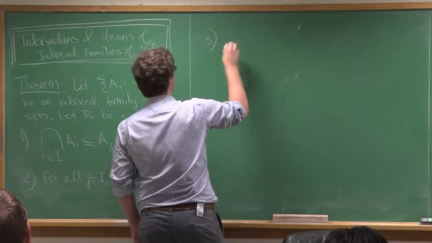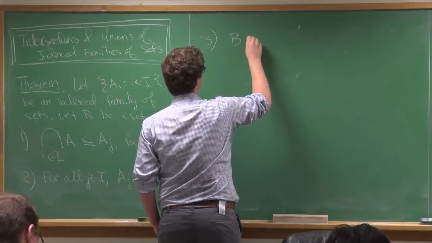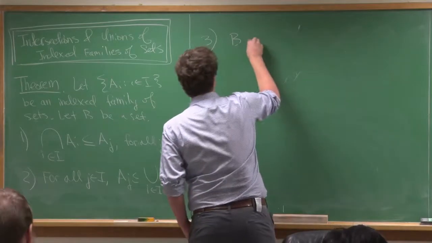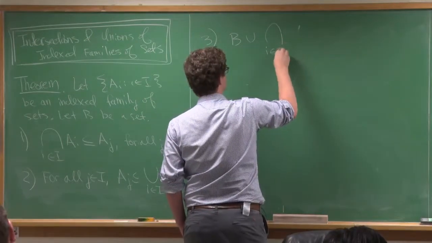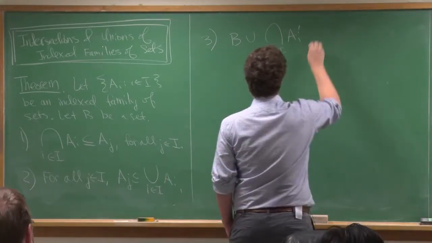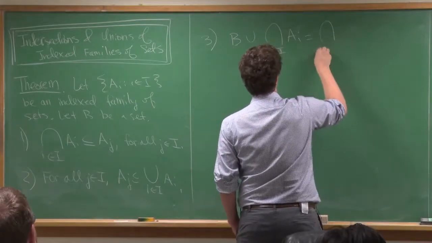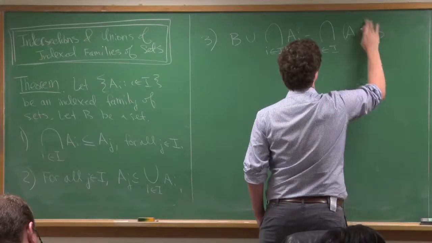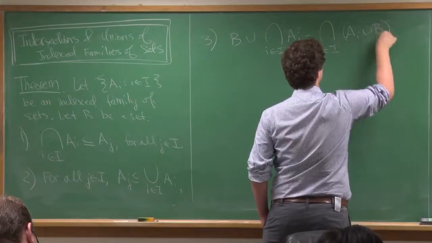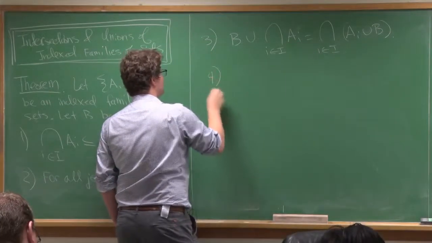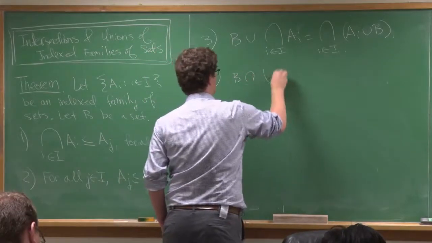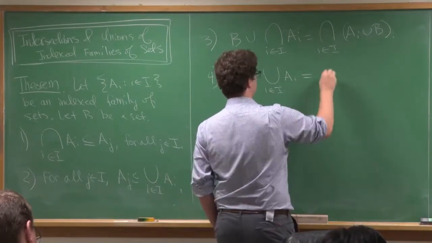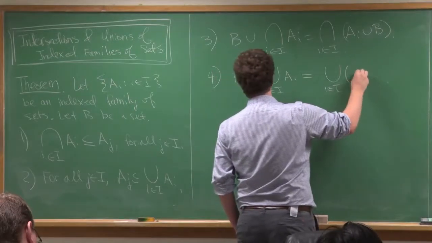These are some basic properties of unions and intersections. Here's another one. If I take B and union it with an intersection of the A_i, this is going to be the intersection over i in I of A_i union B. So you can distribute the union. Similarly, if I do B intersect a big union, we get another distributive property: the union of the intersections.